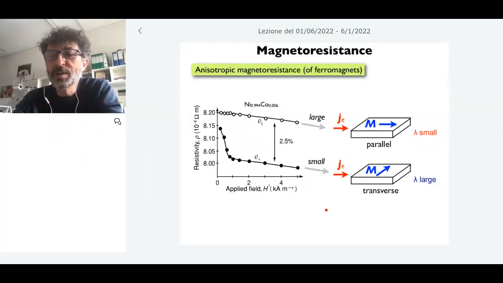And if this is a soft magnetic material, so the magnetization is oriented in the direction of the field, this is also a method to measure the field. So suppose that you make your nickel cobalt material very soft. Then you apply a magnetic field and the magnetization will orient in the same direction of the field. Then you measure the resistivity and you discover the direction of the field.